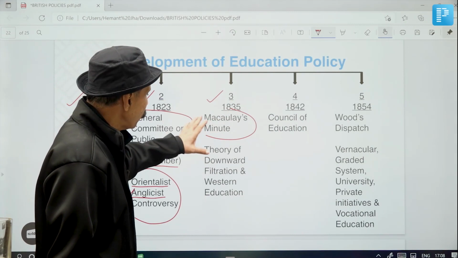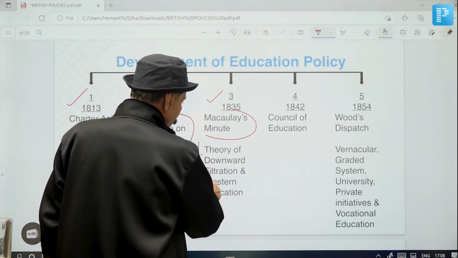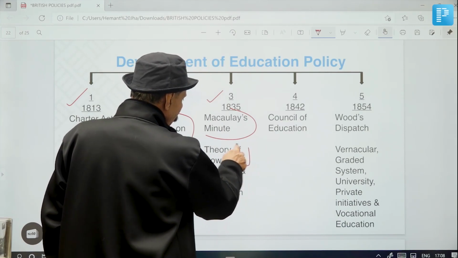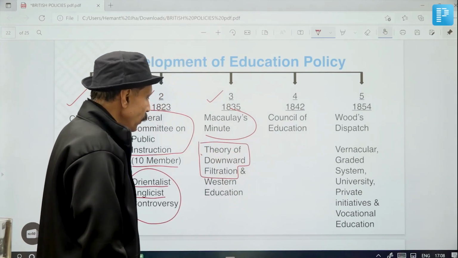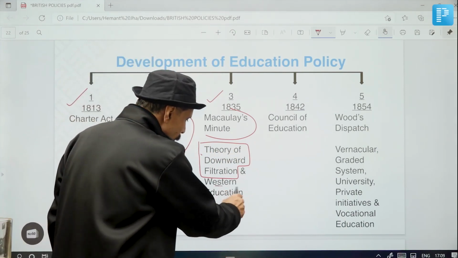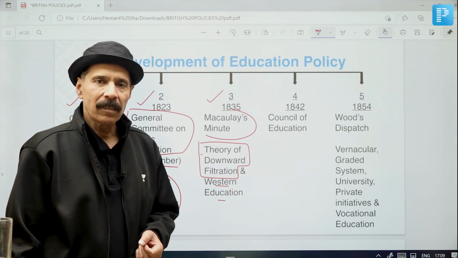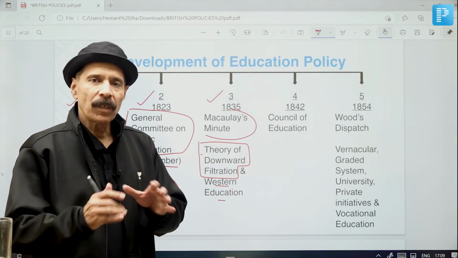And Macaulay's system was characterized by theory of downward filtration. Western education, you understand. Macaulay presented the idea that there was no need to educate all Indians.